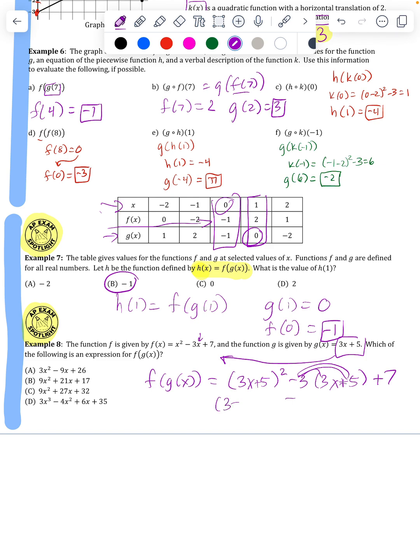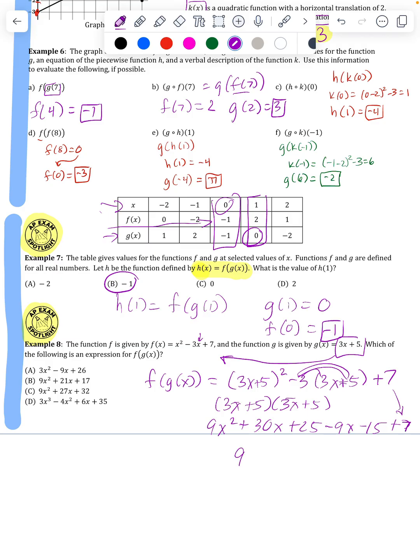So let's just try that FOILing again, because it wasn't fun enough the first time. Not going to be significantly different. It's just going to turn into 9x squared plus 30x plus 25, and then I'm still going to have my minus 9x minus 15, and then my plus 7 at the end.